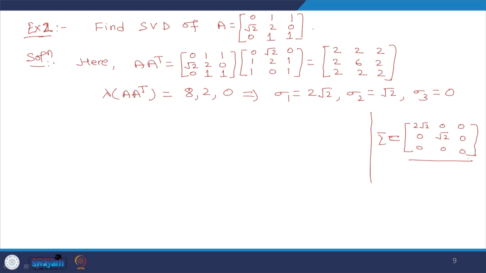Now, I will calculate the eigenvectors of A into A transpose.